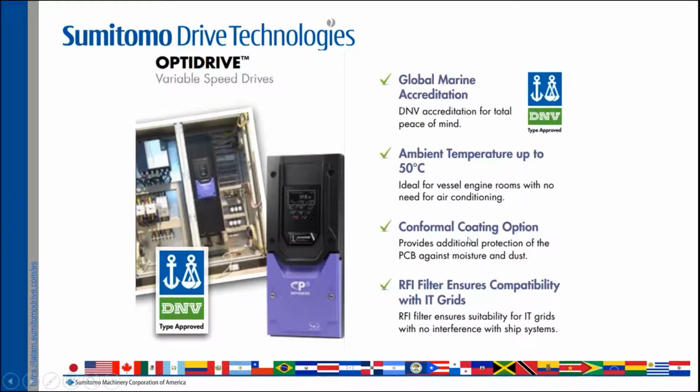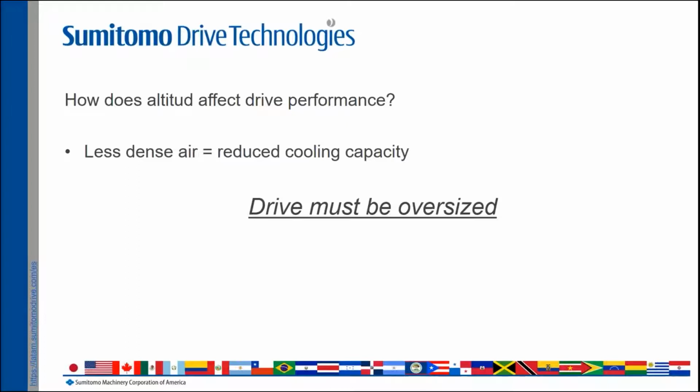So another of the factors is altitude. How does altitude affect the drive performance? This is basically that cooling is reduced. The cooling capacity is reduced as the altitude is higher, because the higher the altitude, the less dense the air is.